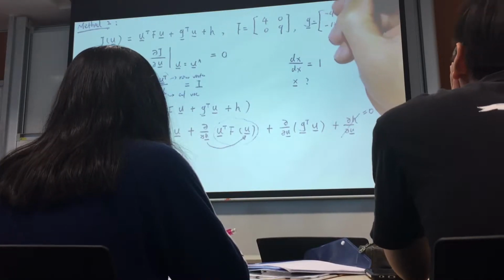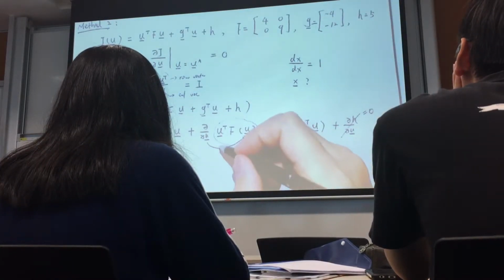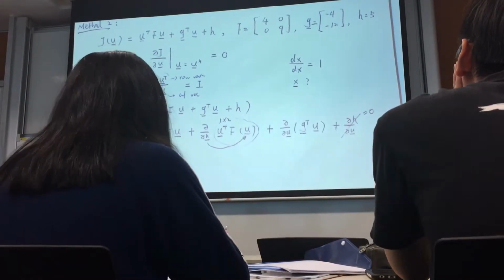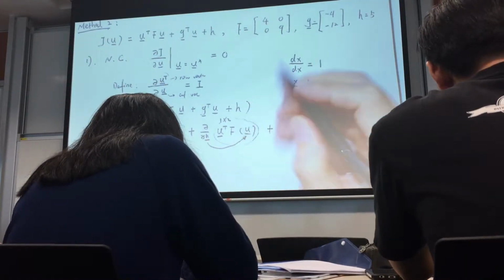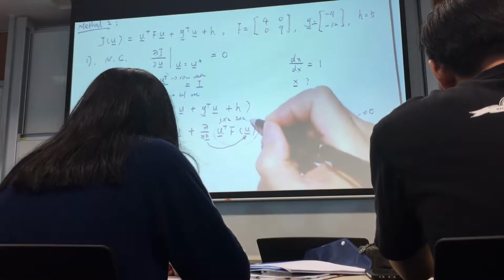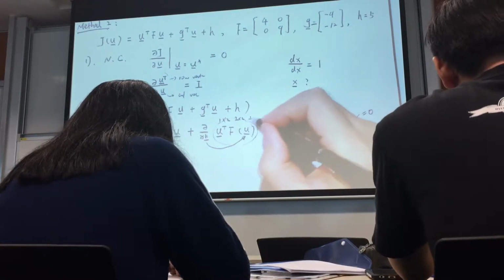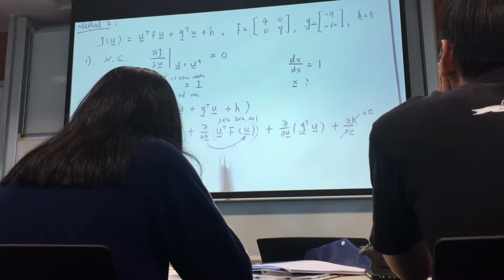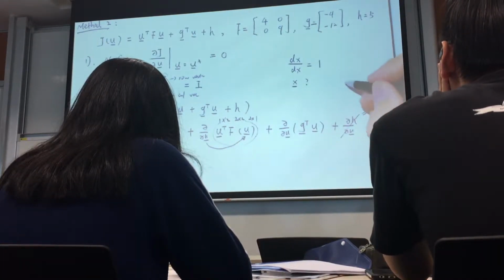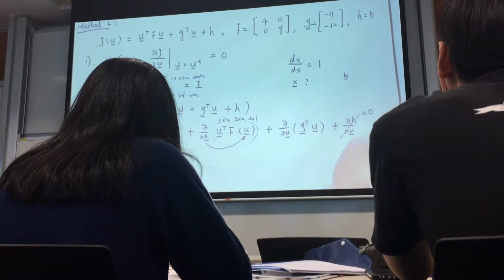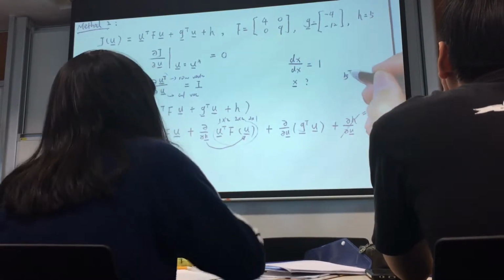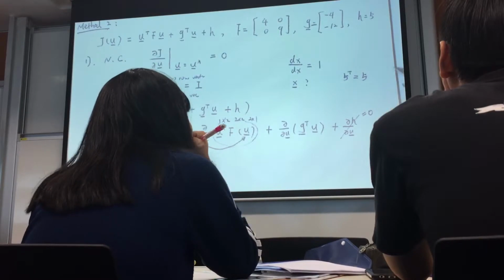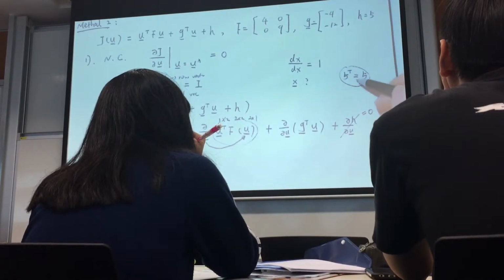So u transpose is 1 by 2, multiplied by F, which is 2 by 2, multiplied by u, which is 2 by 1. Eventually, this product is a scalar. If we have a scalar and we apply a transpose, we still get the same scalar.